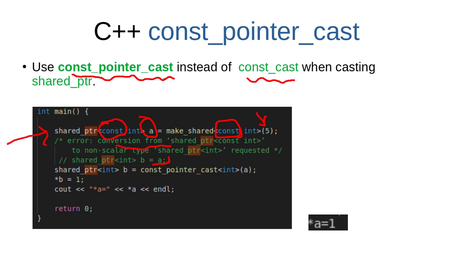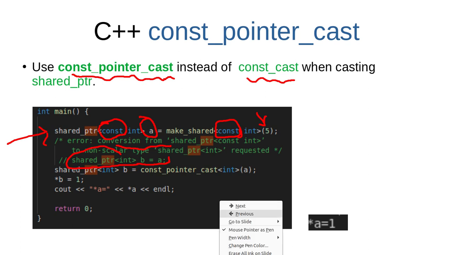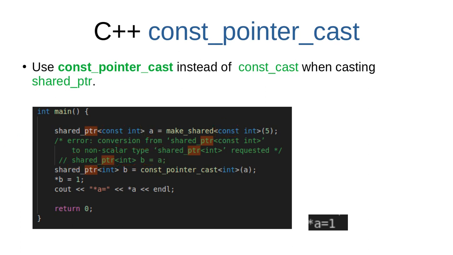And if I try to create a new pointer p equal a, this is not allowed because p is of type shared pointer integer, while a is of type shared pointer const integer, and this operation will be rejected.